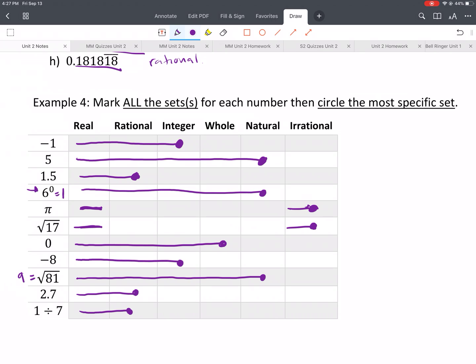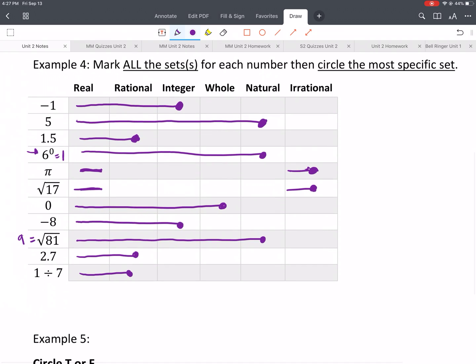I had some students who struggled with this, which is good to look at. If you do 1 divided by 7 as a decimal, you end up getting 0.142857, and then it starts again. On my calculator, it actually stops here and puts a bar on top of it, telling you that it is repeating.